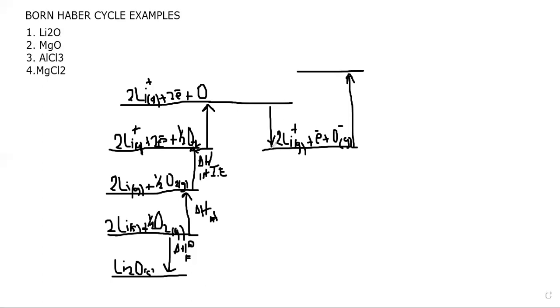As I said, first electron affinity is exothermic, but the oxygen is gaining 2 electrons. Lithium oxide consists of the lithium ion, Li plus, and the oxide ion, O2 minus. So this here is first electron affinity, and this is second electron affinity.